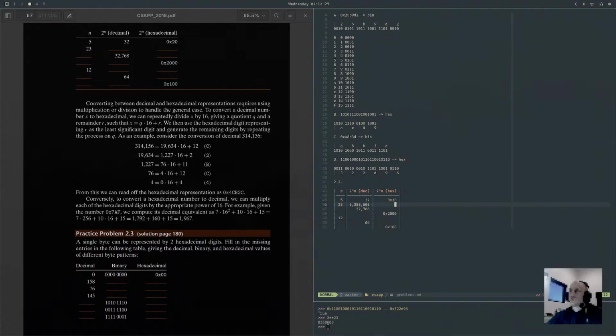Alright, so we got our table up here. We're going to convert from decimal to hex. So I can go from hex to binary and binary to hex pretty easily. But going from decimal to any of binary or hex, I guess the path that I can do is decimal to binary to hex.